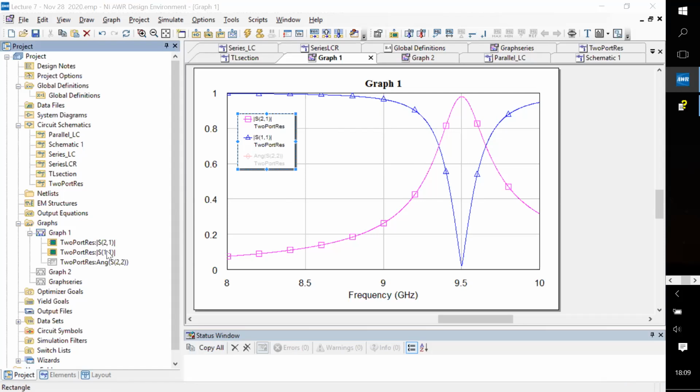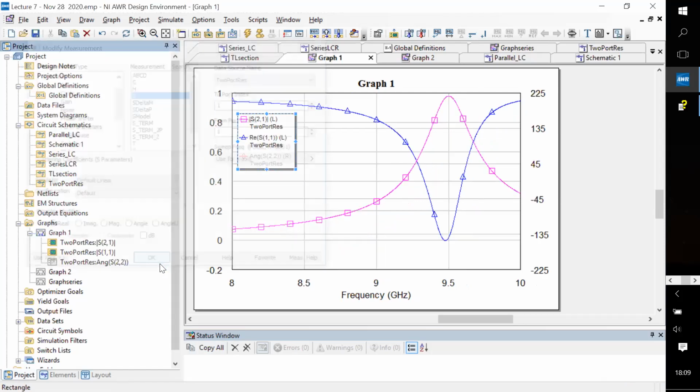So let's just quickly look at the real part of this. And you see it has a similar looking response compared to the reflection case. So here also it goes from close to 1 and comes to some value close to 0.